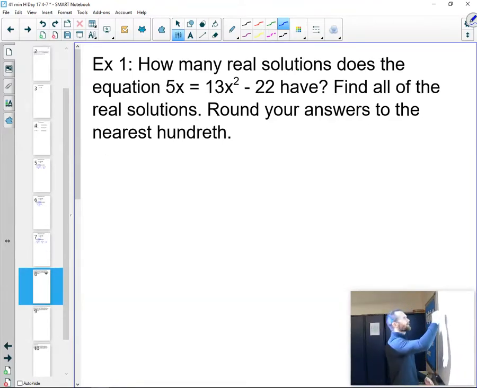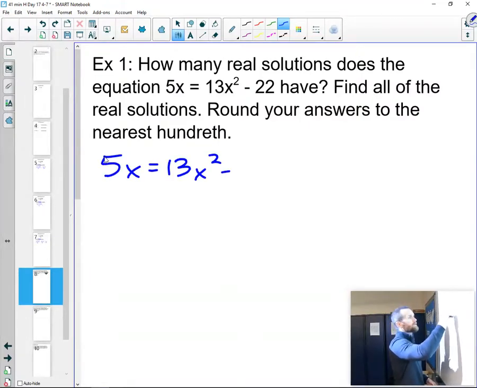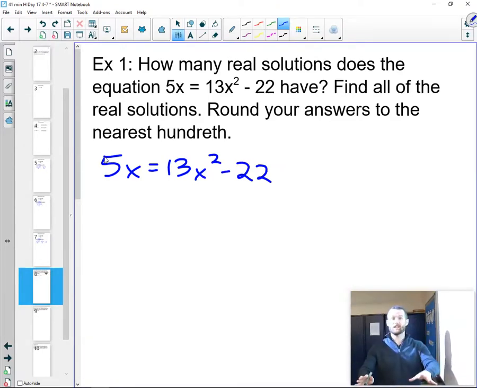Okay, so let me rewrite this equation. It's 5x equals 13x squared minus 22. To figure out how many real solutions there are, I'm just going to start finding them, and the quadratic formula will tell us how many real solutions there are, because the discriminant is built into the quadratic formula. We need this in standard form.